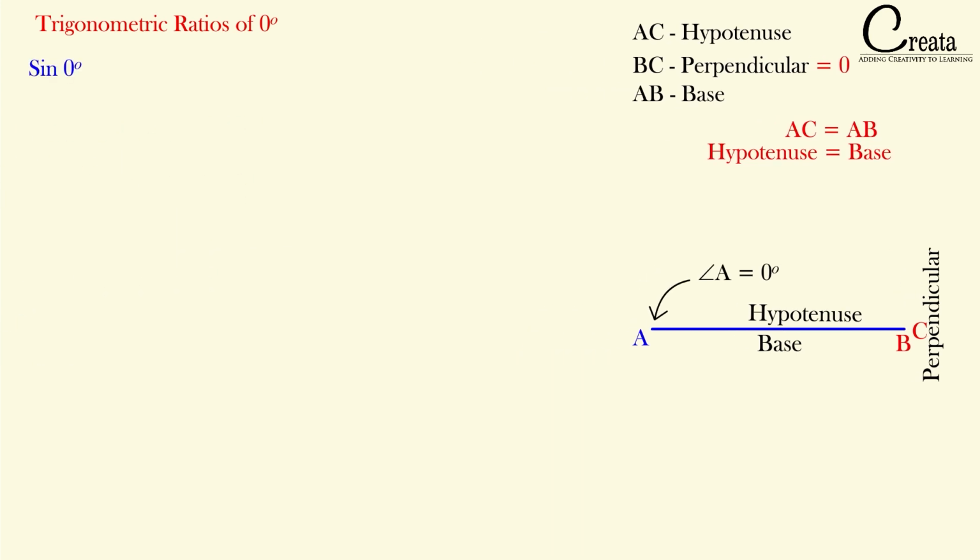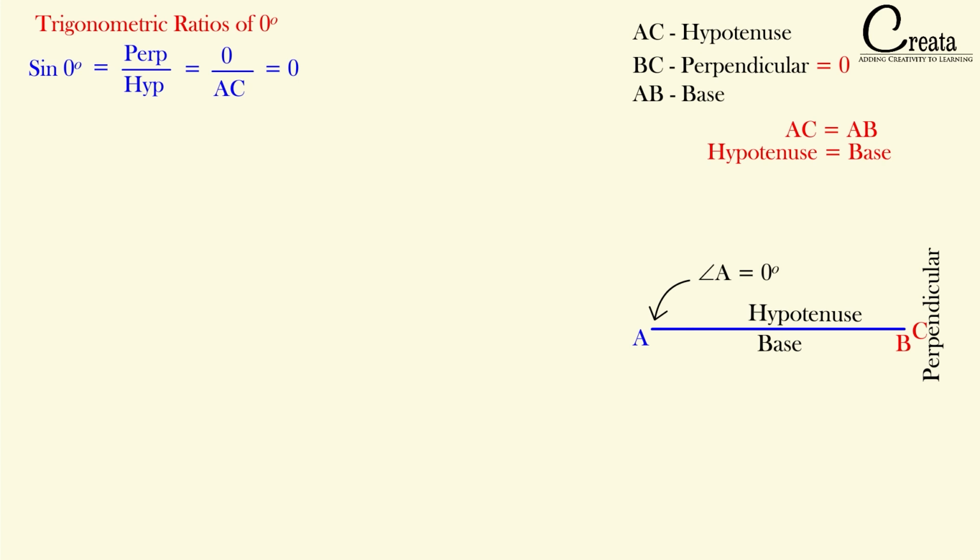Firstly, sine 0 degree, which is perpendicular upon hypotenuse. Here perpendicular is 0 and hypotenuse is AC. So we got sine 0 degree is equal to 0 upon AC. It will be equal to 0. So we got the value of sine 0 degree as 0. Got it? This is an interesting way.